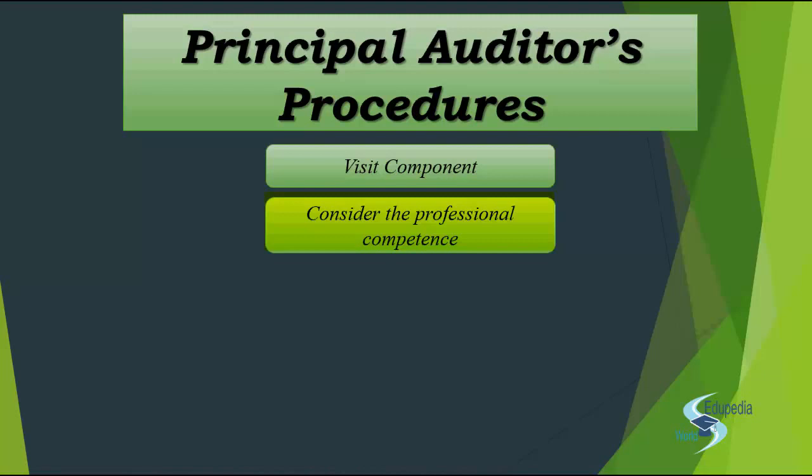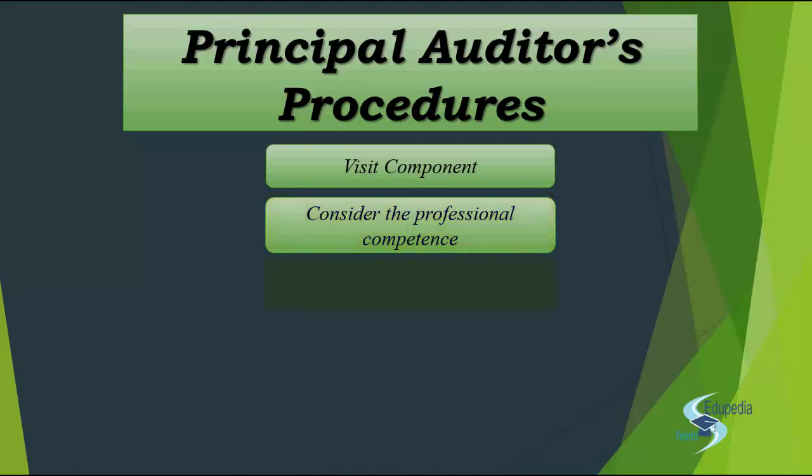When you want to get the details of that branch, of that component, do you need to go ahead with some additional procedures, or is it sufficient if you get the details from the other auditor? Clear with it? That will be based on the analysis of the competence of that other auditor.